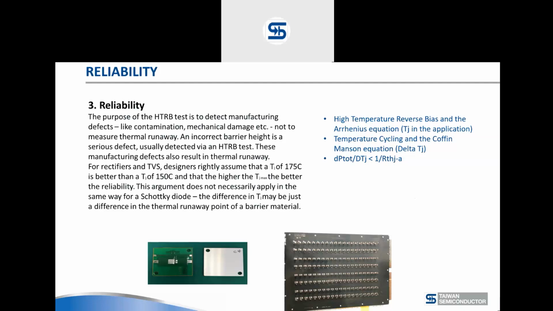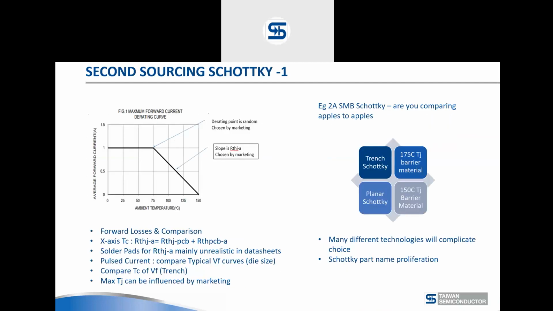Everybody likes to make a test board with extremely good, unrealistically good thermal resistance to avoid thermal runaway and push up the junction temperature during HTRB testing. So that's something you need to be aware of. It may not have any resemblance to your actual circuit or board layout, the way we test these devices at high temperatures.